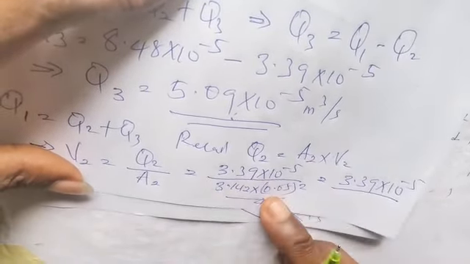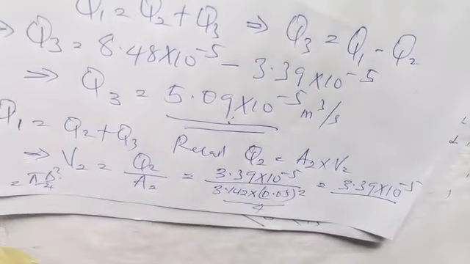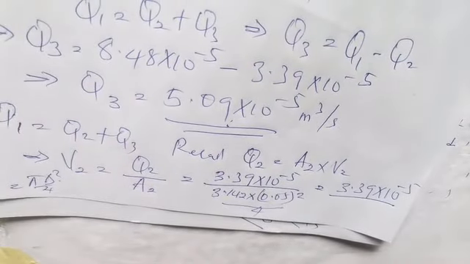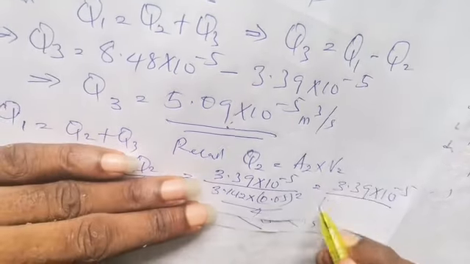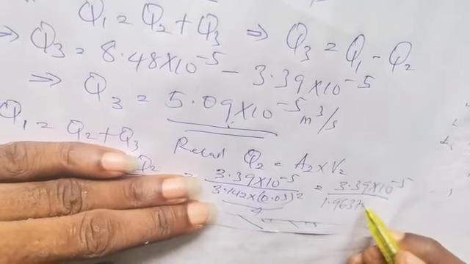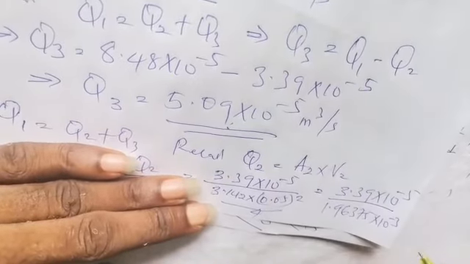I'm going to compute this area at once just to save time: 0.05 all squared multiplied by 3.142 divided by 4. That gave me 1.96375 by 10 to the power of minus 3.